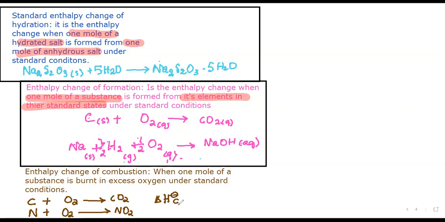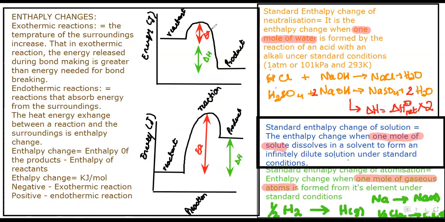This is the symbol for enthalpy change of combustion. This is the symbol for standard enthalpy change of formation. This is the symbol for standard enthalpy change of hydration. This is the symbol for standard enthalpy change of neutralization.